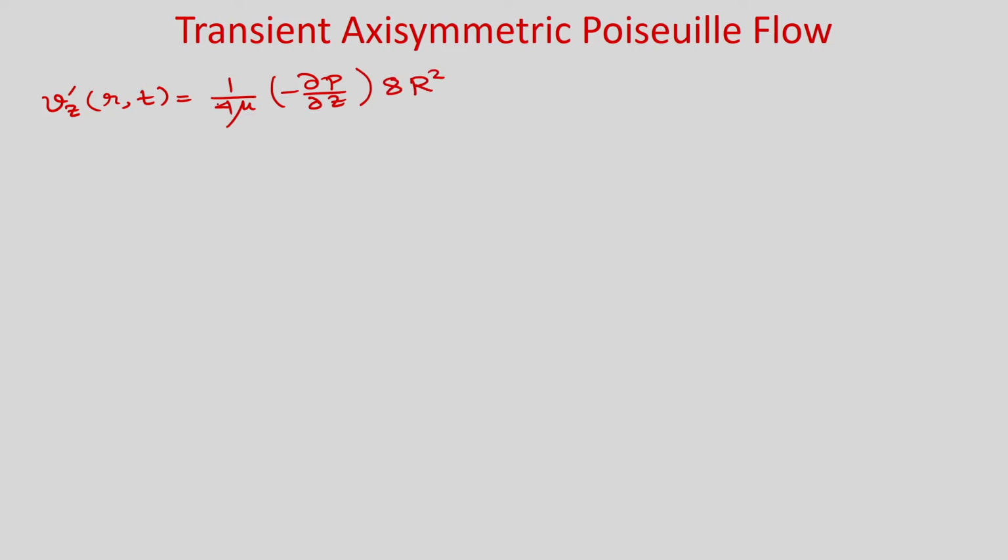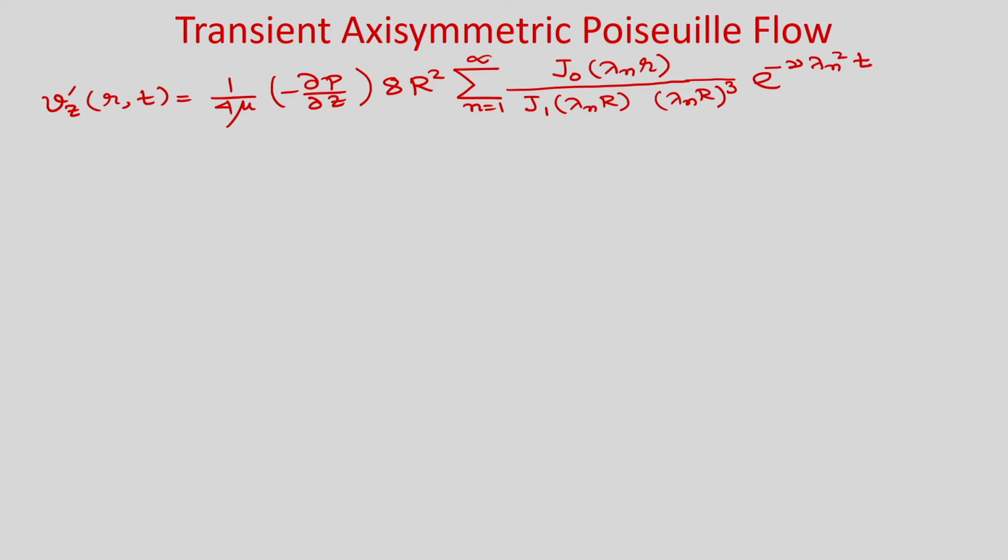After putting the value of n, we are writing this expression: summation of n equal to 1 to infinity, j0 lambda n r divided by j1 lambda n R, then we have lambda n R cube and e to the power minus nu lambda n square t. So, we have found the solution of this transient part v prime, which is a function of r and t.